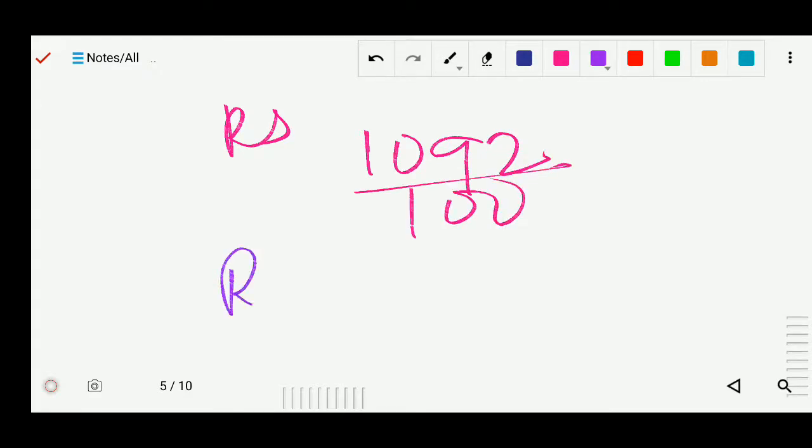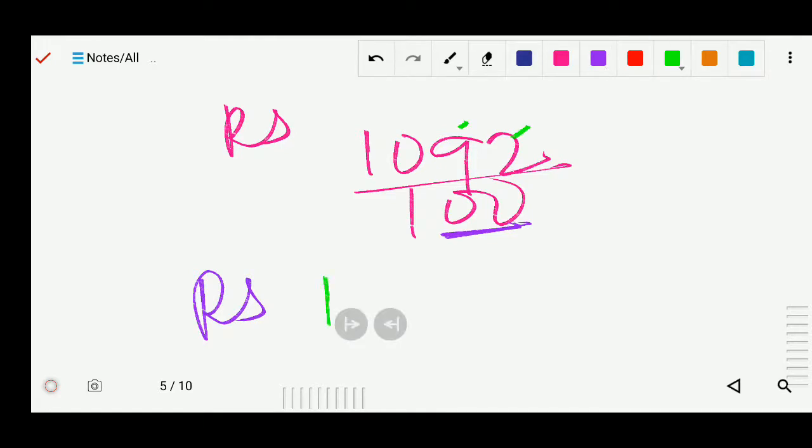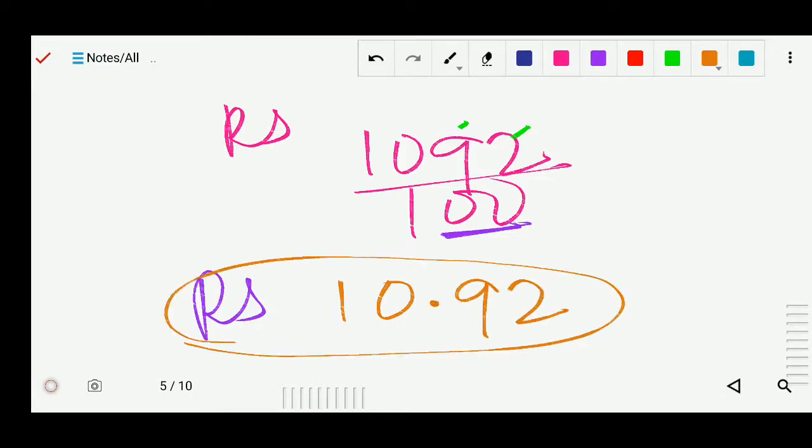So when you remove this, you can write it in decimal. So 2 zeros are there, so I will count from here 1, 2 digits, and then place the decimal. So your answer will be 10.92, so 10 rupees 92 paise.